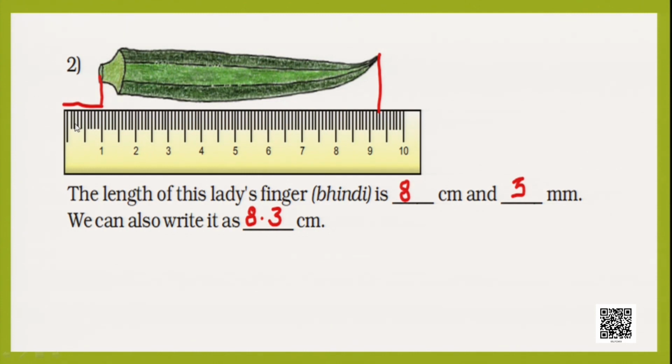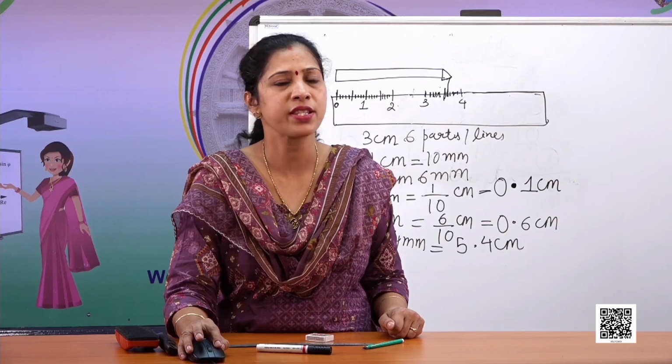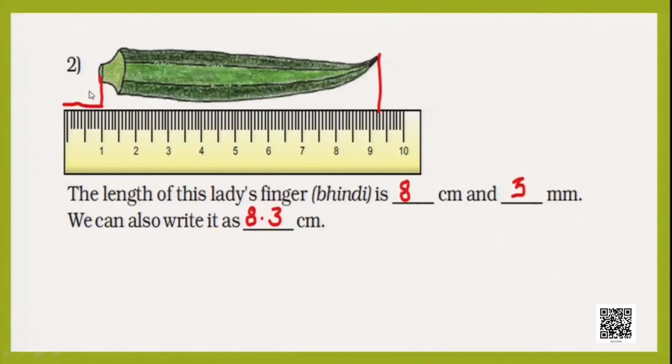We are going to subtract this length because we are not starting from 0. So 9.3 minus this 1 centimeter is the length of the bhindi. So we can write 9.3 minus 1 is equal to 8.3 centimeter. I'll show you some more examples like this. So let's see now.